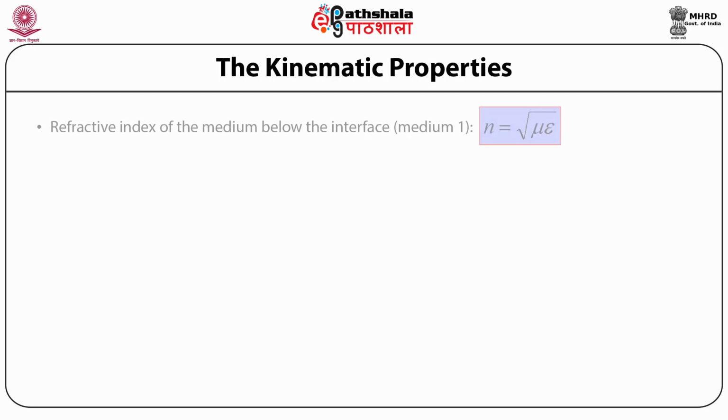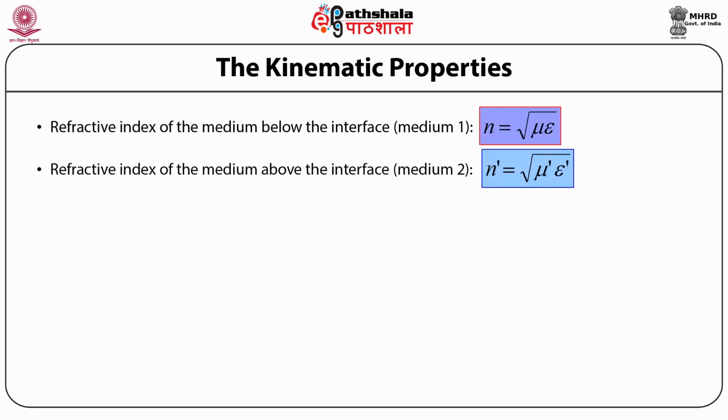While the refractive index of medium 2, which lies above the plane z equal to 0, is given by n prime equal to under root of mu prime times epsilon prime, and the velocity of light in this medium is given by v prime equal to c by under root mu prime times epsilon prime.